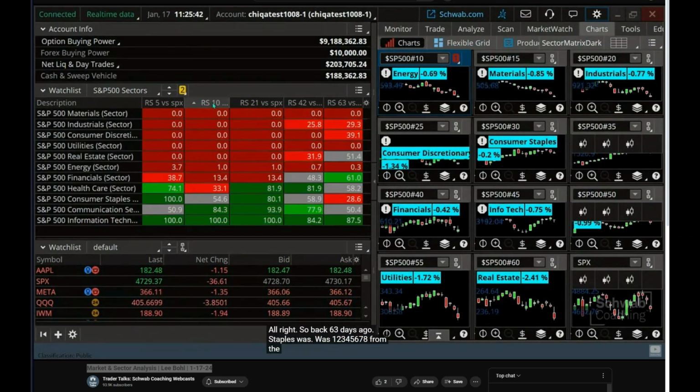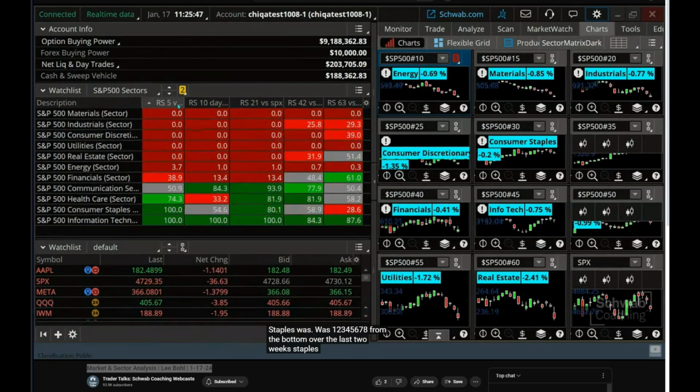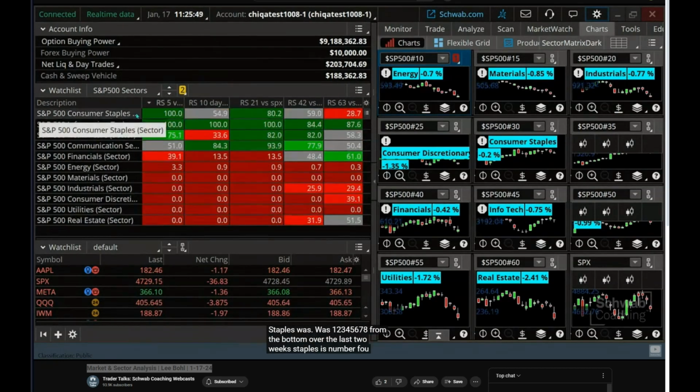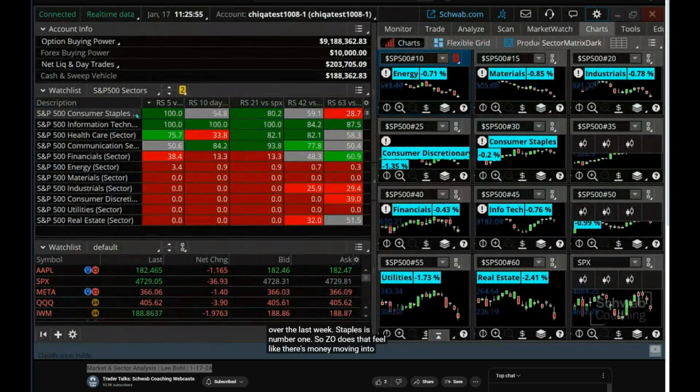Over the last 2 weeks, staples is number 4. Over the last week, staples is number 1. So does that feel like there's money moving into there or out of there? Yeah. Might not last, but that's what we see now, right?